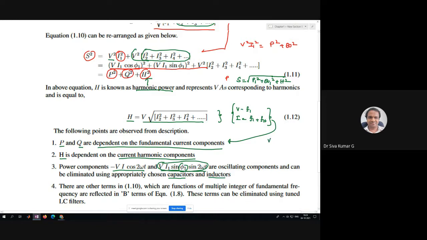When you take root 2 V sin omega t and root 2 I sin omega t, what do these represent? These are the voltage v of t and the current i of t. When you multiply them, p of t is v of t times i of t, and what do you get?